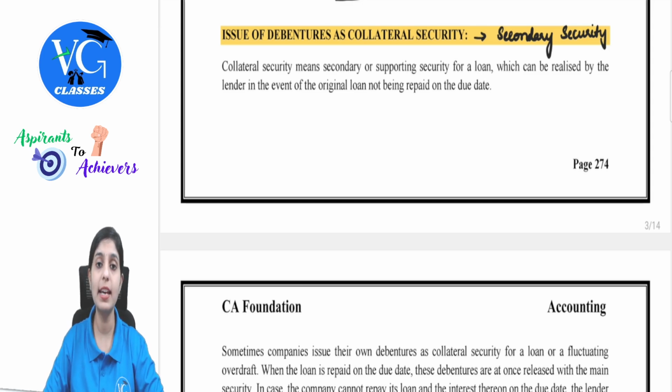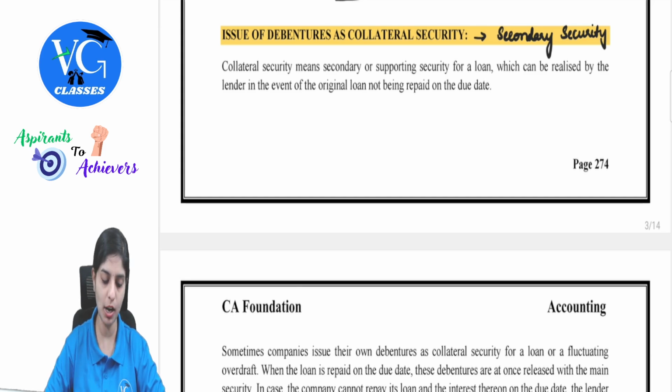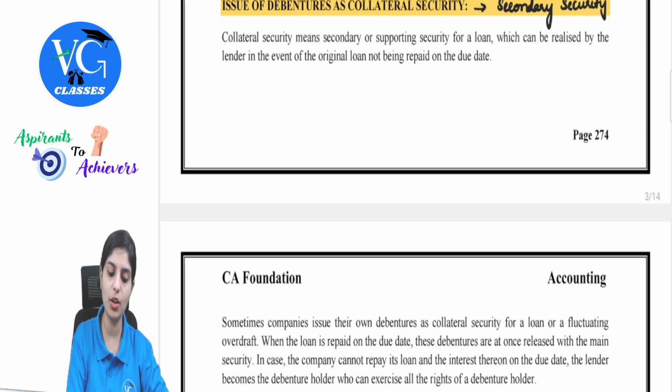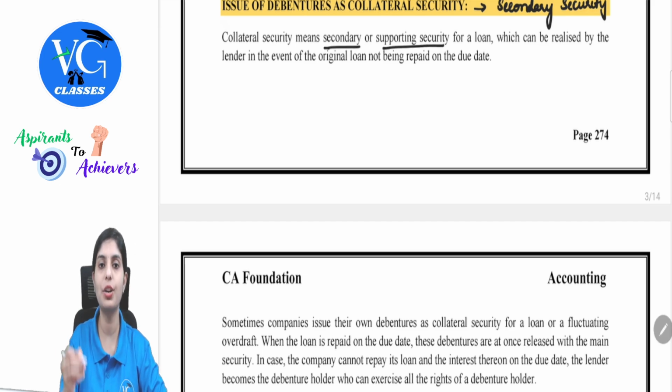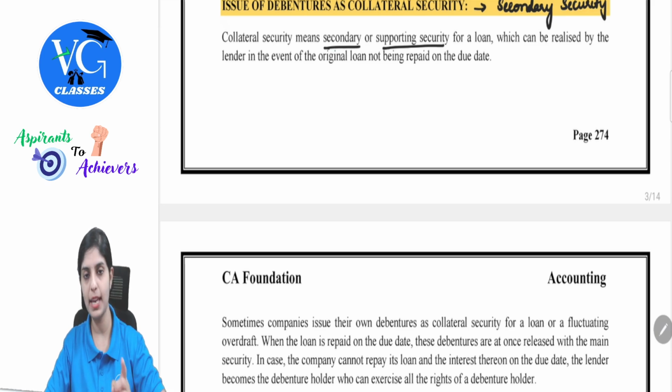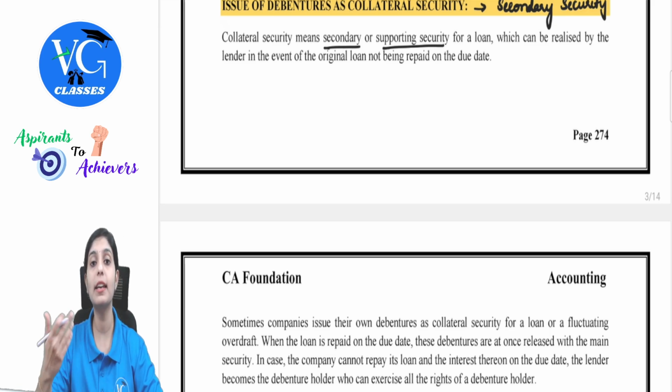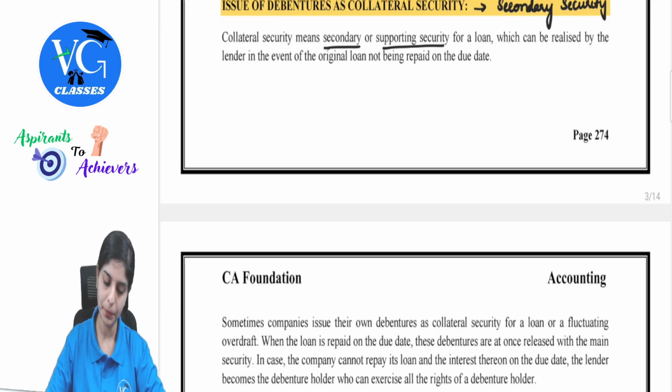Understand one thing, there is an issue, but how does it actually work? Let's observe this. First of all, here you will understand the literal arrangement of collateral security. Collateral security means secondary or supporting security for a loan, which can be realized by the lender, in my example it was the bank, in the event of the original loan not being repaid on the due date.